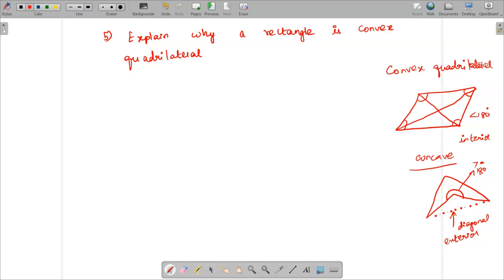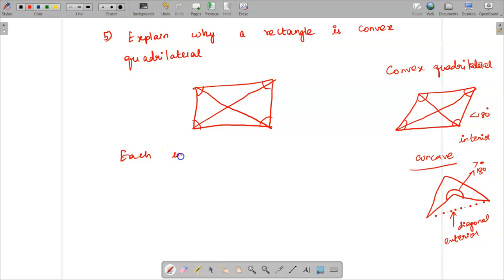Such a type is nothing but a concave quadrilateral. So now we have to say whether a rectangle is a convex quadrilateral. If it is, then why? So what about your rectangle? Definitely both the diagonals lie inside the interior of the quadrilateral, as well as each interior angle is less than 180 degrees.